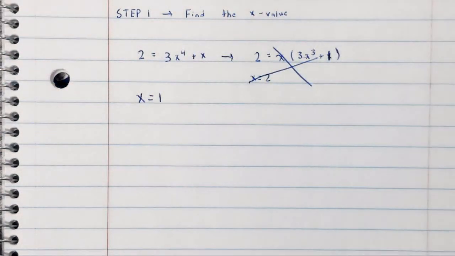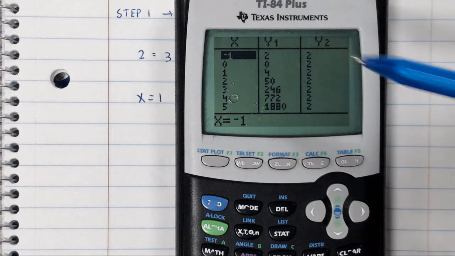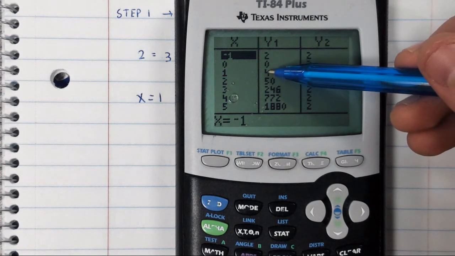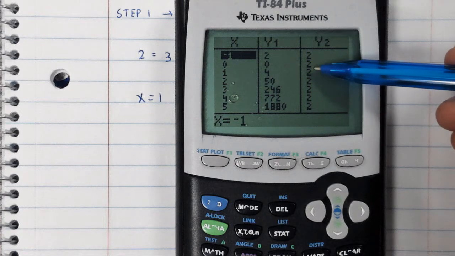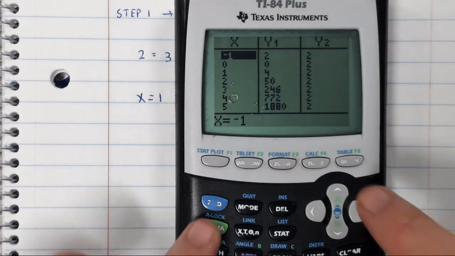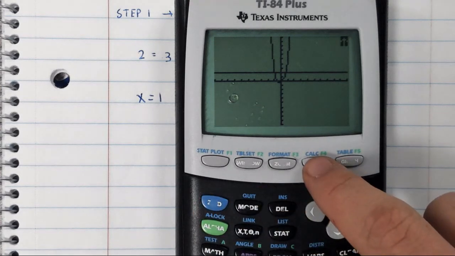But I also have a second one, right? Somewhere in between 0 and 4, I know it has to equal 2. So there's a hidden zero right in there. So I'm going to go to my graph. Instead of using the table, I can use second trace to find the intersection.